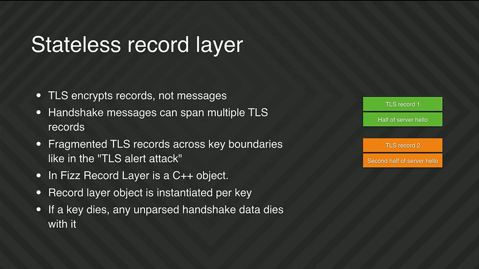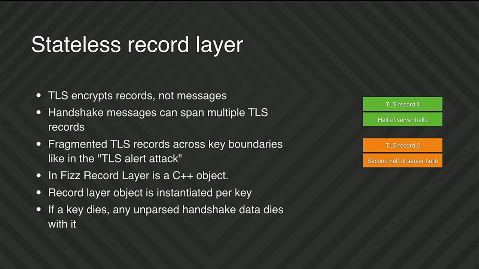For example, it is perfectly valid for a server hello to be split across multiple TLS records, one of them being, for example, green colored with plain text, and another in orange, encrypted with another key. If you allow the server hello to span multiple key changes, an attacker can inject his own server hello to force you to use his own Diffie-Hellman parameters, for instance, and that would be a vulnerability in the protocol. Past implementations have had these problems.